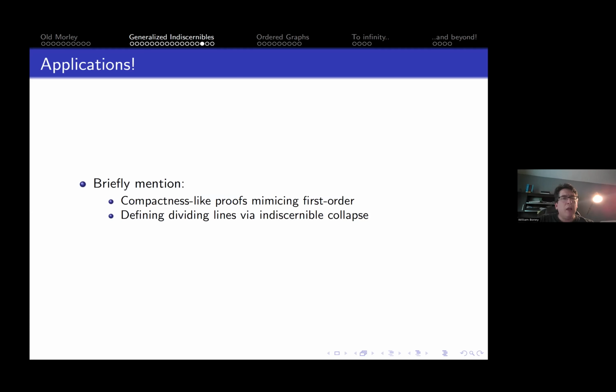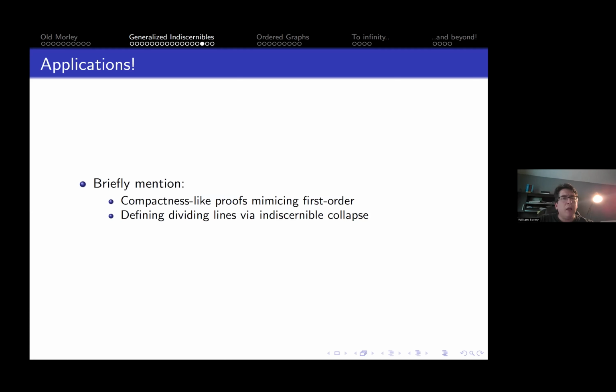I'll briefly mention examples because I mainly wanted to talk about the set theoretic construction. But the reason I really like these things as a model theorist comes from two directions. The first, and I'll give an example of this, is that when you leave first order logic and move to AECs, you lose compactness.